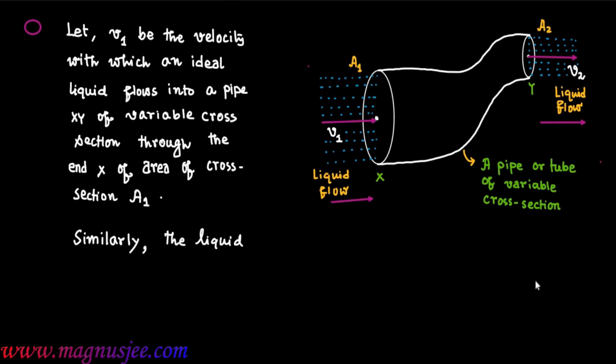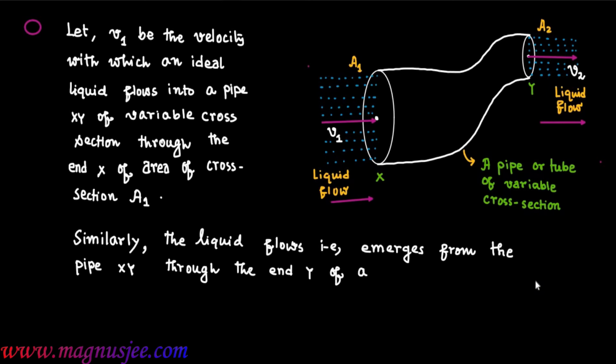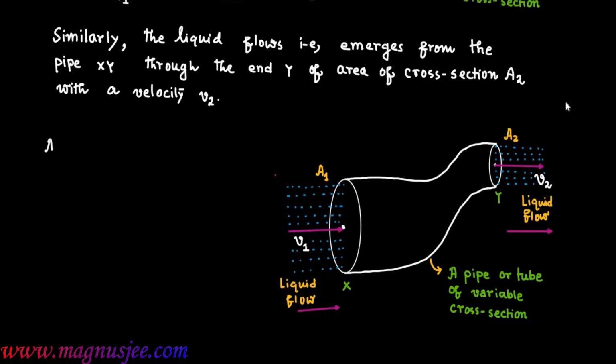Similarly, the flow emerges from the pipe XY through the end Y of area of cross section A2 with a velocity V2.